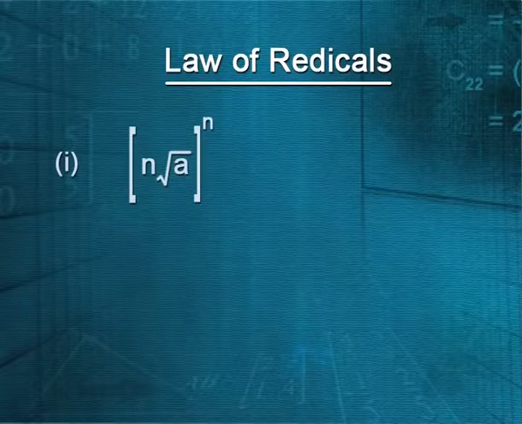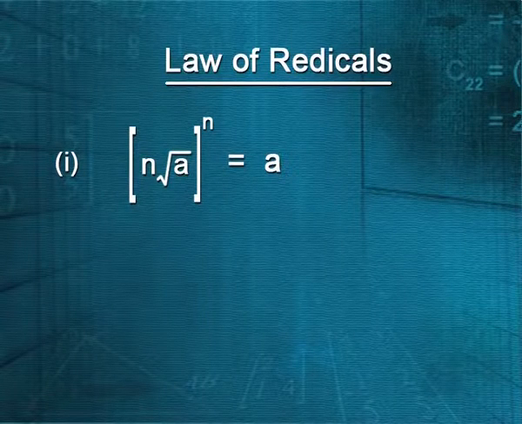Let us discuss laws of radicals. These laws are without proof, but we use them in solving problems on radicals. The first law is: nth root of a whole to the power n is equal to a.